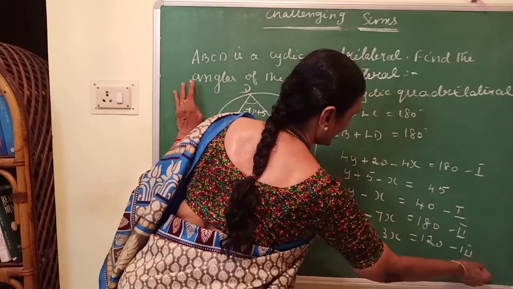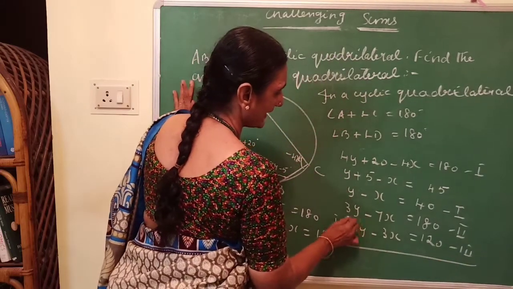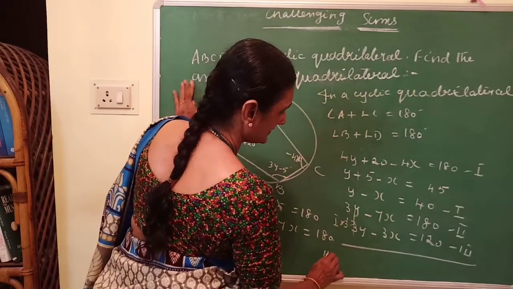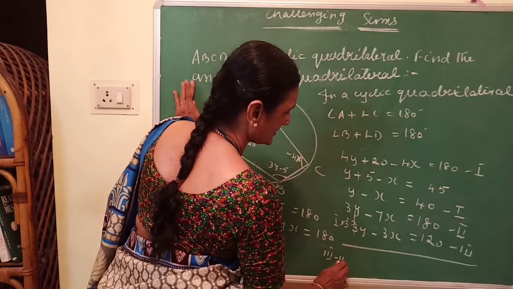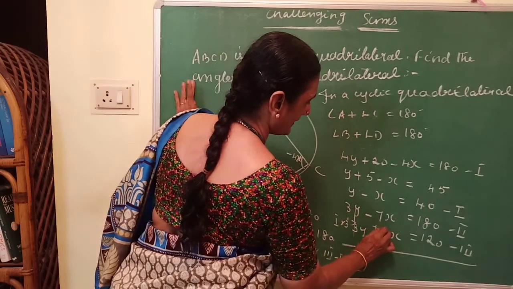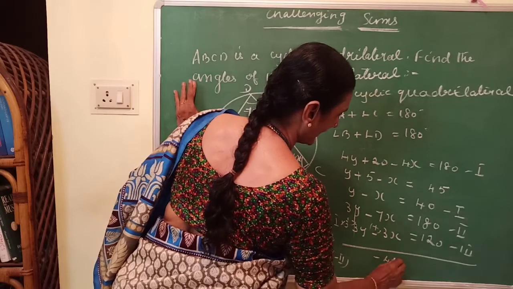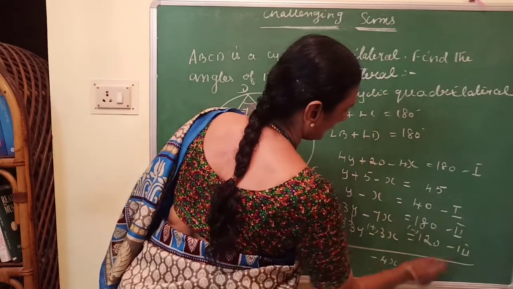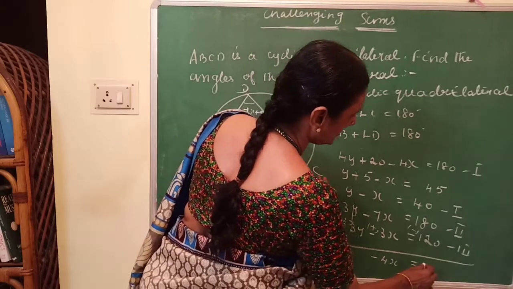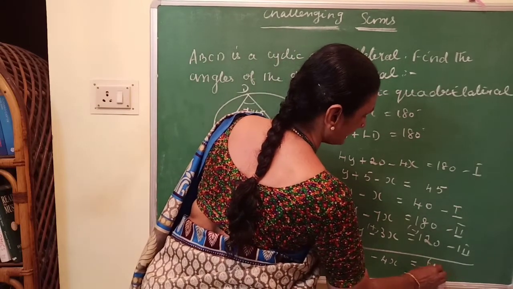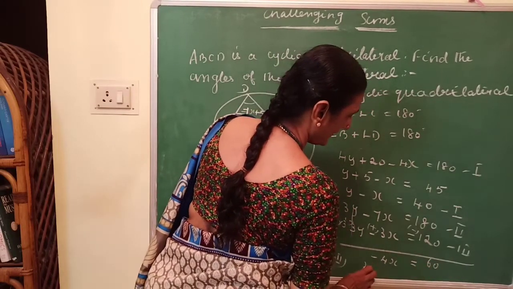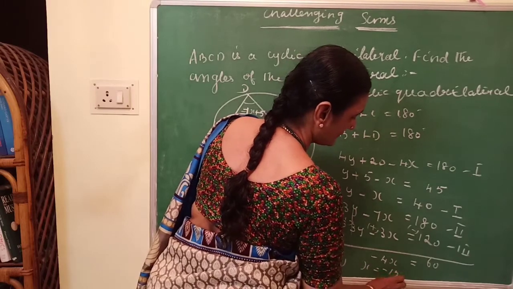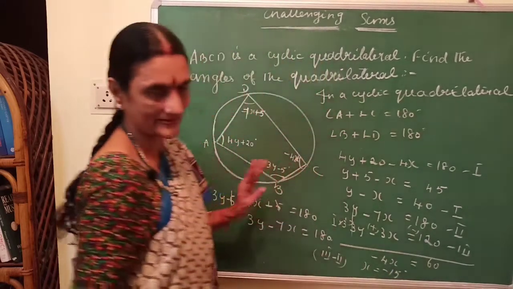This is your equation 3. Subtracting, you will get minus 4x, and then this is 180 minus 120 gives you 60. Therefore, x is equal to minus 15.